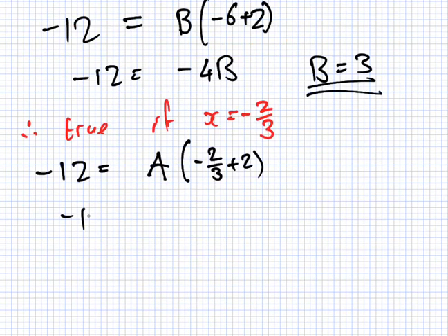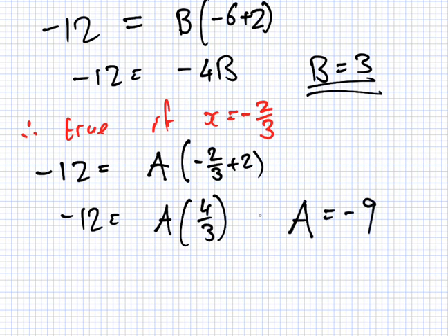So you get minus 12 equals a times 4 over 3. Yeah, that's right, isn't it? So we get 4, 3, minus 9. Is that right? So therefore a equals minus 9. Yeah. So I have the a and I have the b.